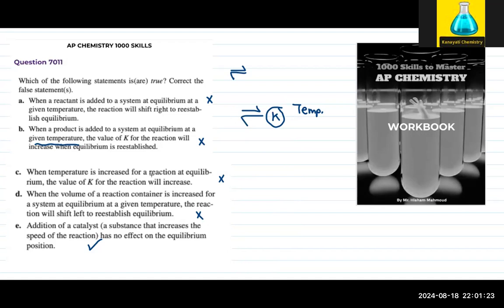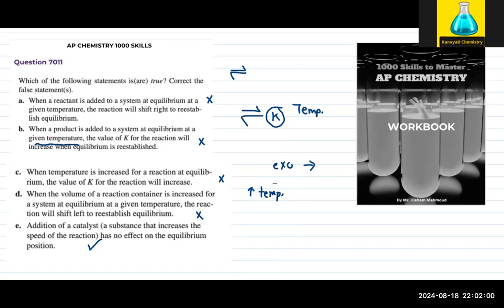When the temperature is increased for a reaction at equilibrium, the value of K for the reaction will increase. Yes, there is an effect of the temperature increase. So temperature is increased for a reaction at equilibrium. Does the K increase or decrease? Let's see why this is false also. This statement is false because for exothermic reactions, when you increase the temperature, the system will try to decrease the temperature.